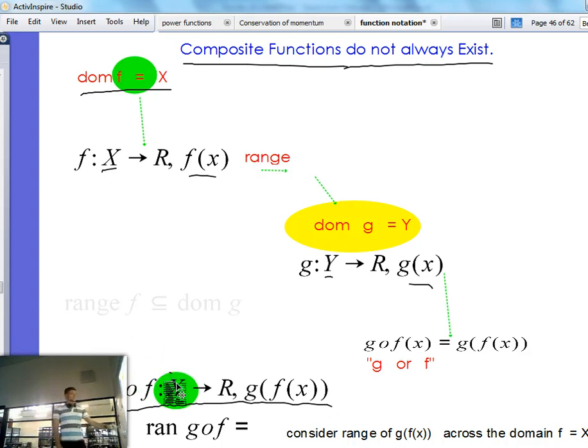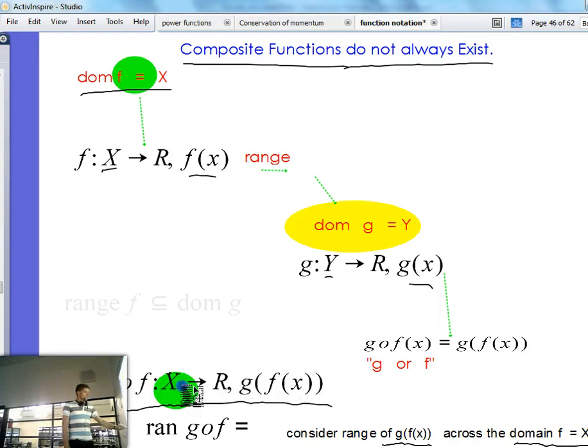Okay, but then we need to think about, once we've developed our composite function, we've defined g of f of x, what is the range? What is the range we get of g of f of x? So we must consider the range of this function as an independent function by itself across some domain of x, the original domain of f from way up top.